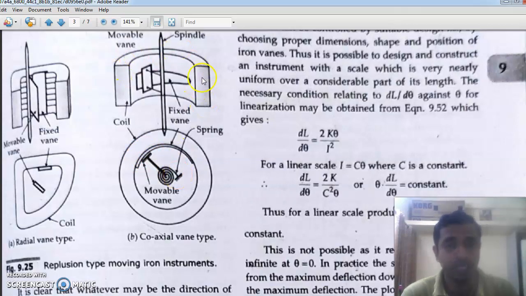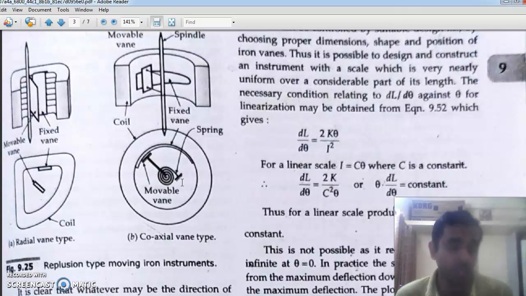When current flows through the stationary coil, the movable vane will move, and since it is attached to the pointer, the pointer will run over the graduated scale, and the reading will be provided. This spring is to provide the controlling torque.